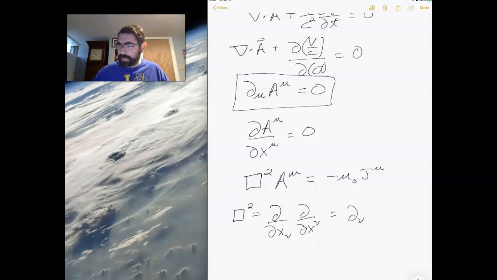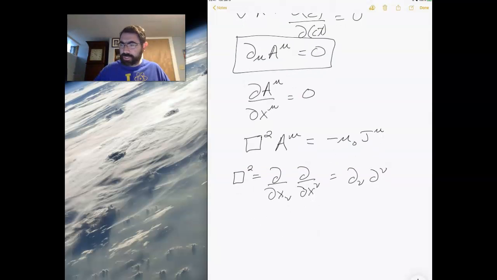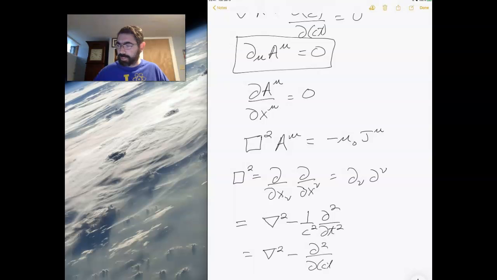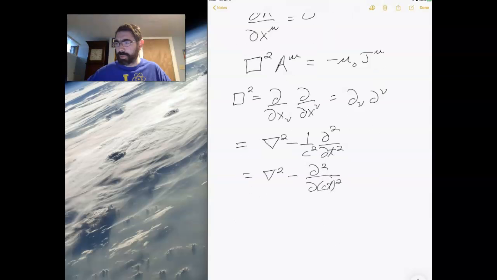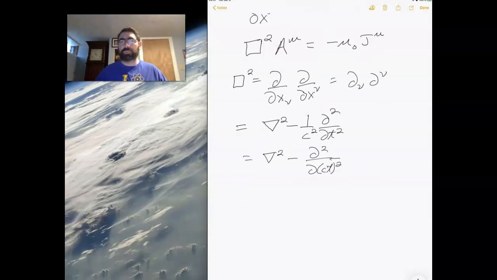So I would write it as delta nu, like so, which, written down as Laplacian minus 1 over c squared derivative of time squared, or del squared minus d squared over d ct quantity squared. So in the end, the tensor way to write this equation after we've applied the Lorentz gauge to it is this.